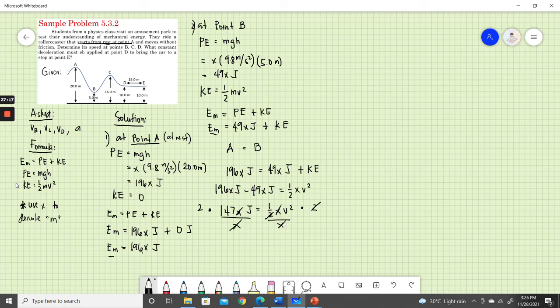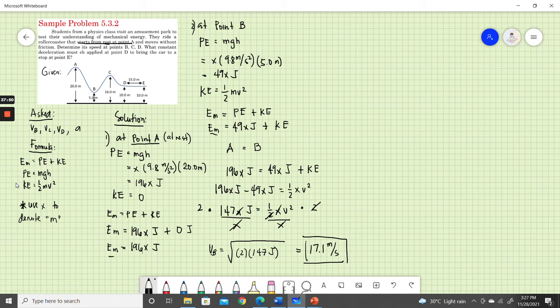So na-cancel yung x, and that would give us basically v. In this case, this is the velocity at B, is equal to the square root of 2 multiplied by 147 joules, and that actually gives us 17.1 meters per second.